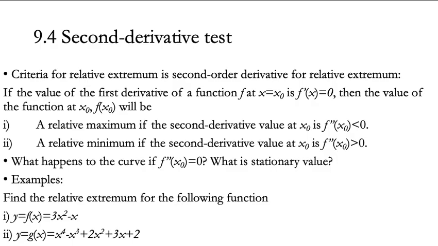Now, we move to the second derivative test. The second derivative test can help us to check whether we have a relative maximum or relative minimum. So the second order derivative is used to check whether we have a relative maximum or relative minimum.